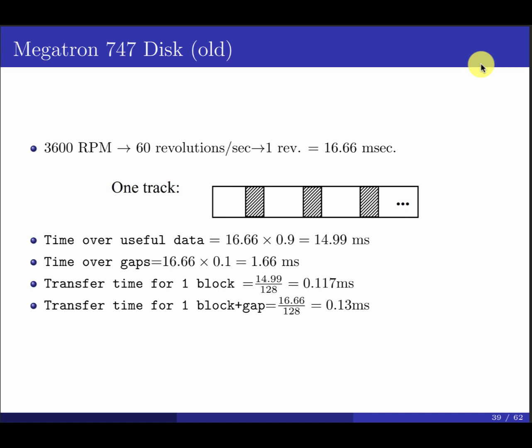Okay? So the first thing we need to look at here is how you can compute what is called the rotational delay. We talked about this one, the rotational delay, right? We said the rotational delay or latency is going to be half of the time it takes the disk to make a complete rotation or revolution. If the disk spins, for example, 3600 rotations per minute, we need to convert this into seconds.